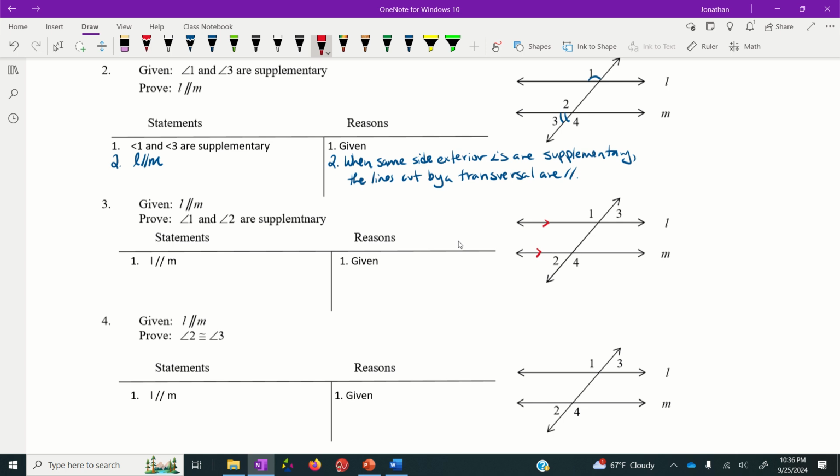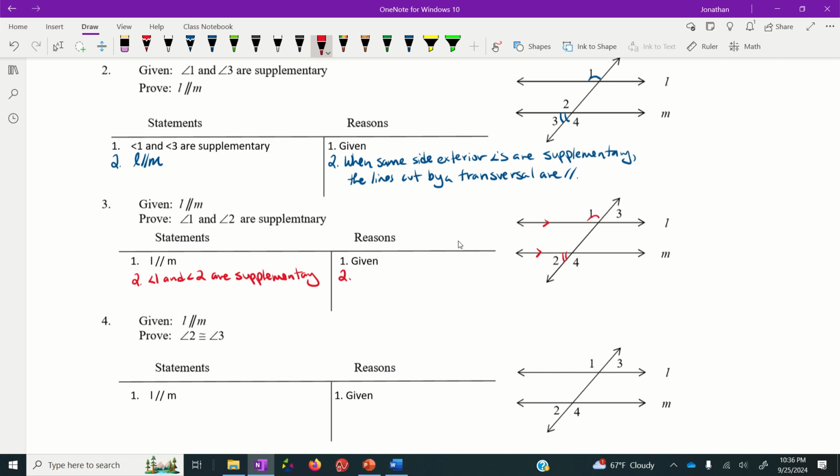If the lines are parallel, remember that forces these two angles on the same side exterior to be supplementary, or we might do alternate exterior angles being congruent, one of those things. So remember, this is what we're trying to prove. We have enough information in the given to do it. So for step 2, we're going to write angle 1 and angle 2 are supplementary. You could also say that they just add to 180 in case that was something you were trying to show.